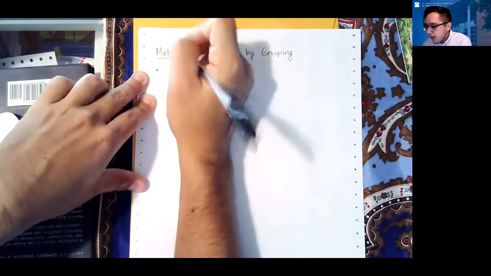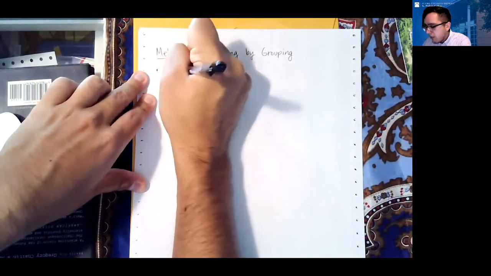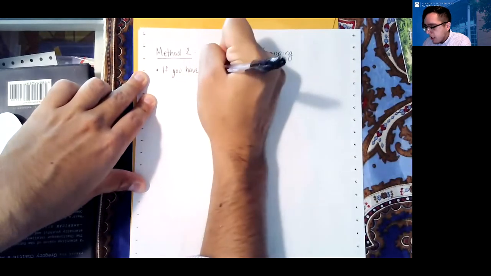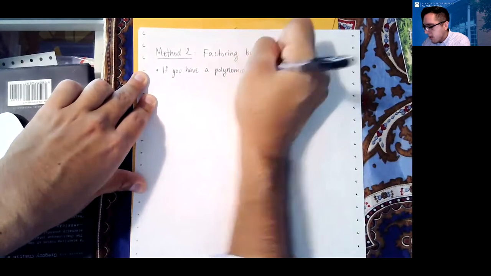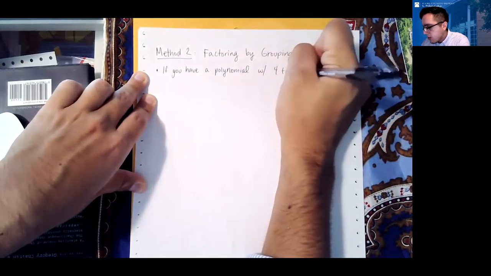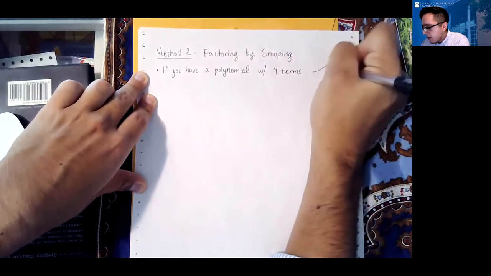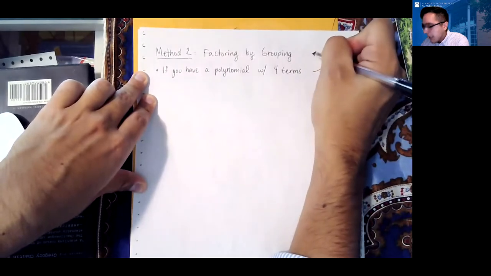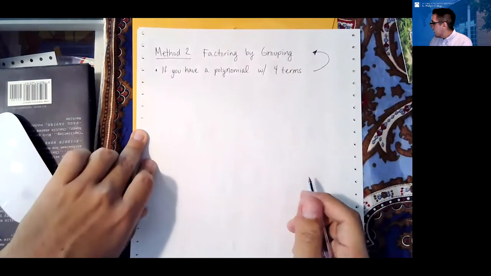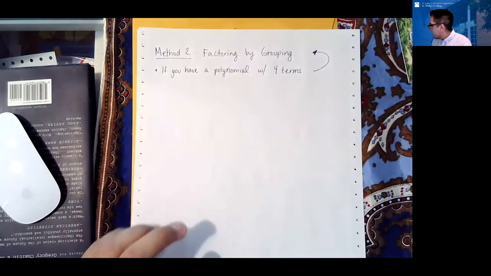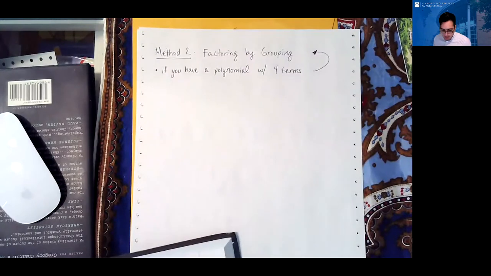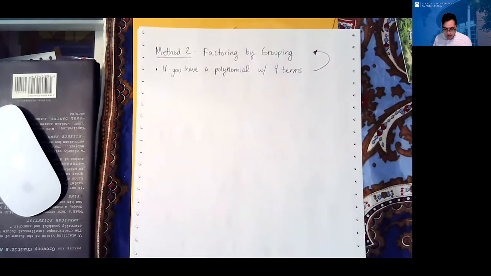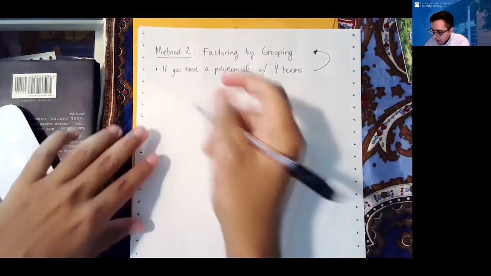So if you have a polynomial with 4 terms, that's what you need to be thinking about, factoring by grouping. So let me give you an example of what this might look like. So let me grab my handy dandy notebook and grab an example.